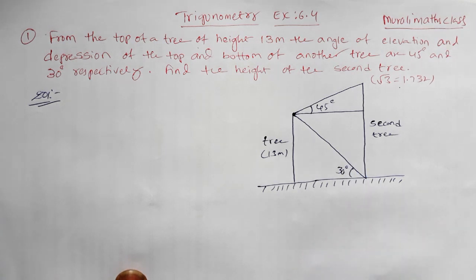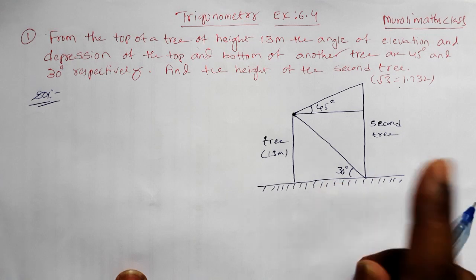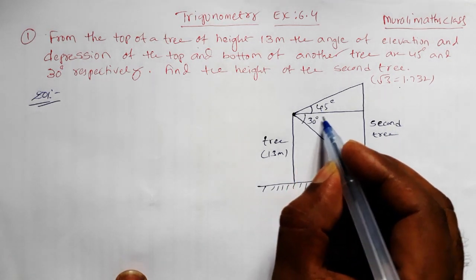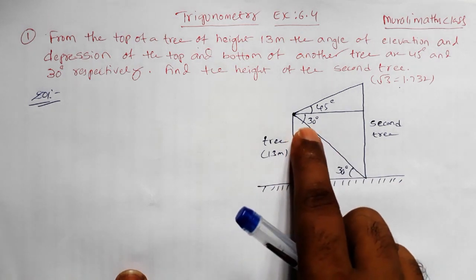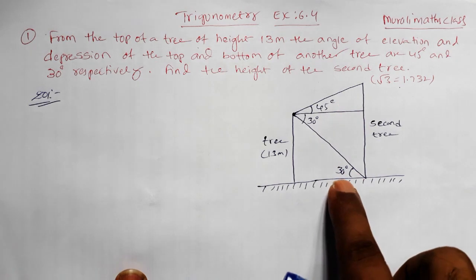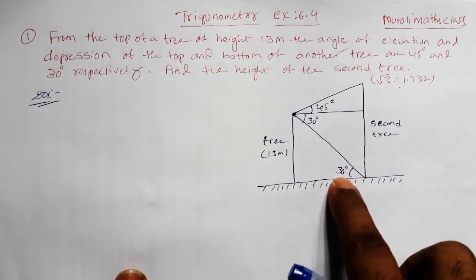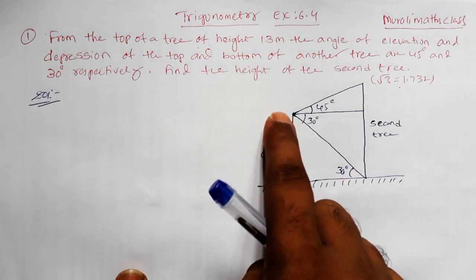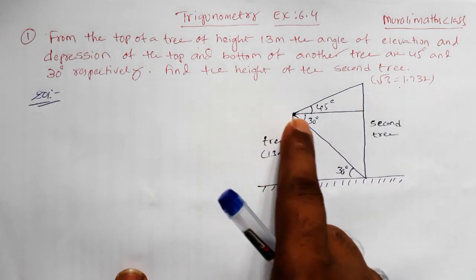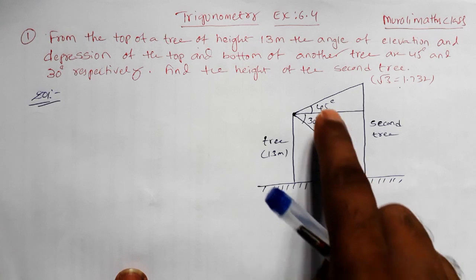If it is 30, this also is 30 only. Okay, this is enough. This is the angle of elevation, this is the angle of depression, 45 and 30 degrees.